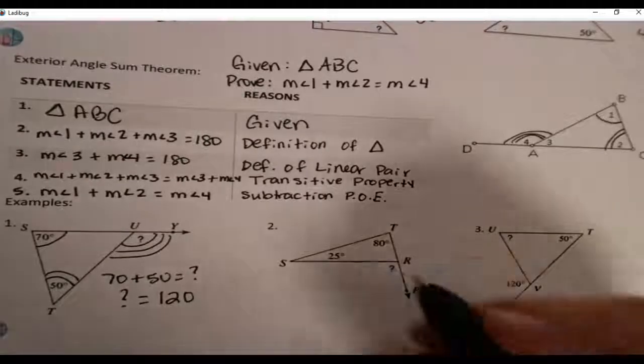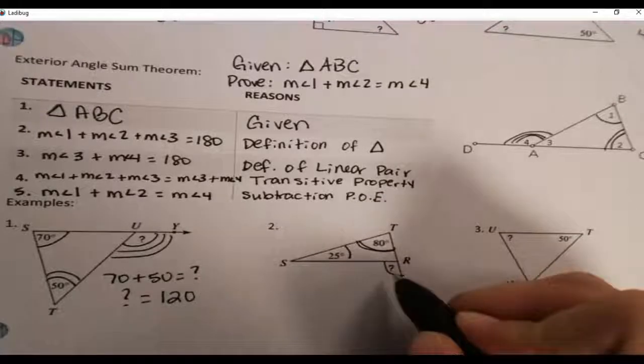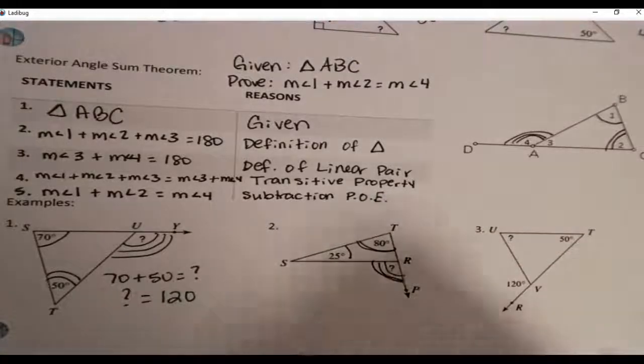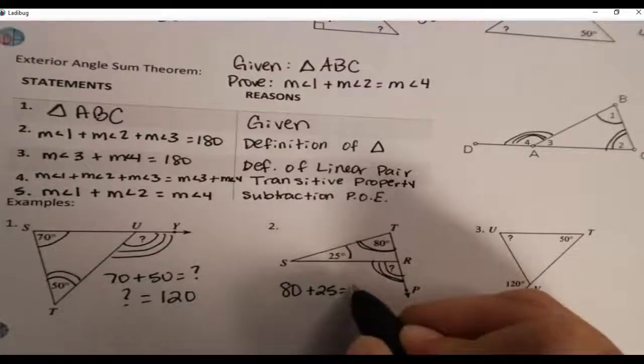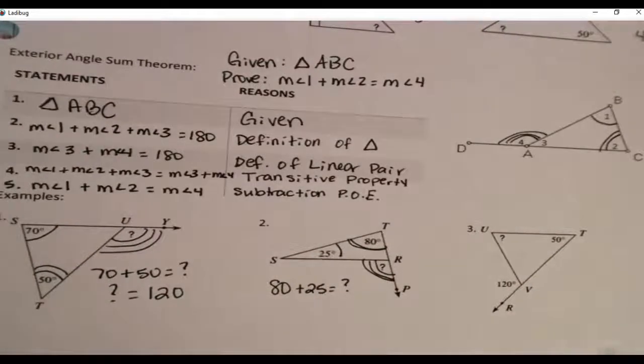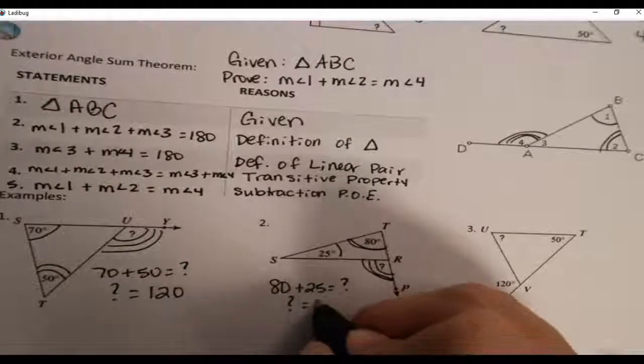So number 2, same thing. Inside we've got 25 and we've got 80, and they add up to be that outside question mark. Which is what? Good. 105.